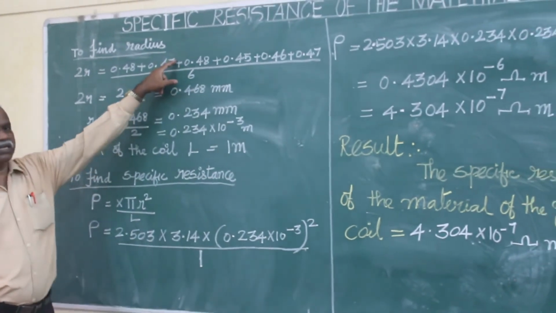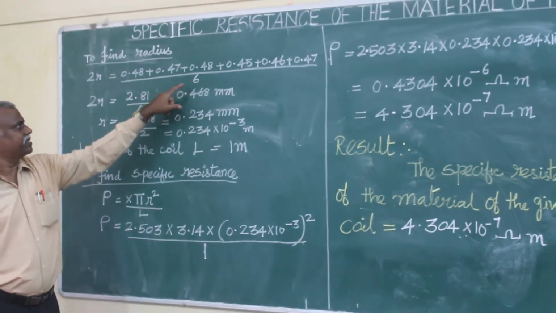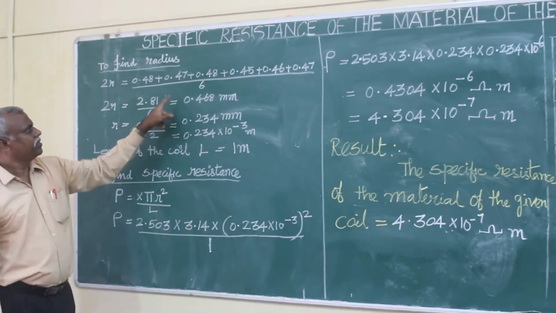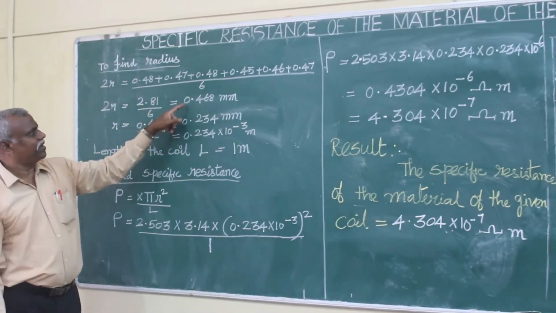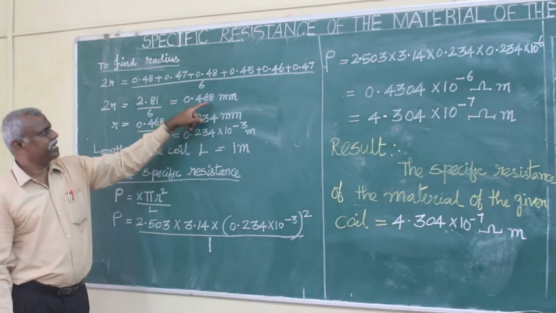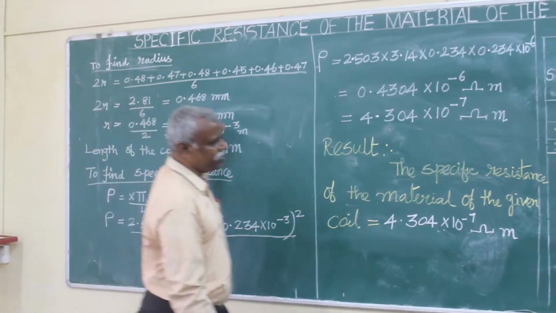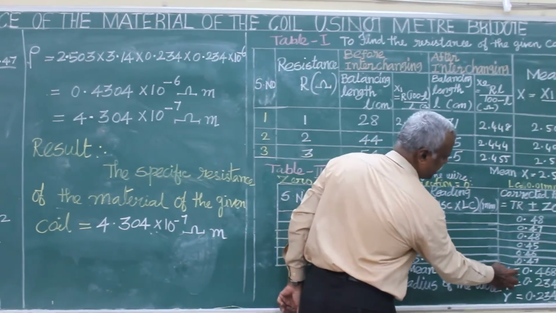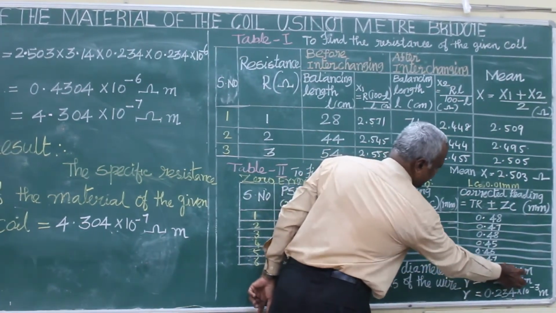Add all the values and divide by 6. Therefore, you are getting 2.81 divided by 6, which is 0.468 millimeter. Write this value here. Therefore, mean diameter 2r equal to 0.468 millimeter.